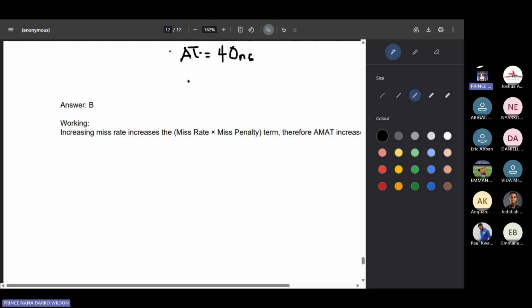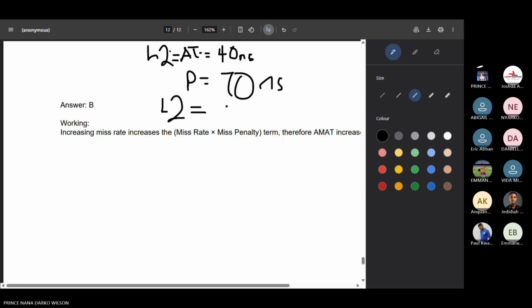And the penalty for addressing RAM, so this is level 2 cache access time, by the way, stands at 70 nanoseconds. And you are told that level 2 has a miss rate of 15%.